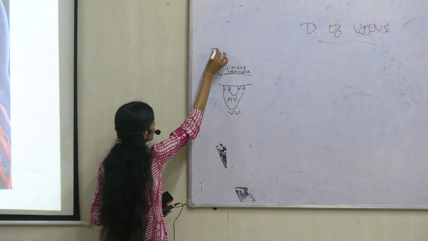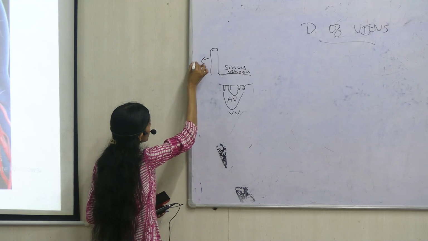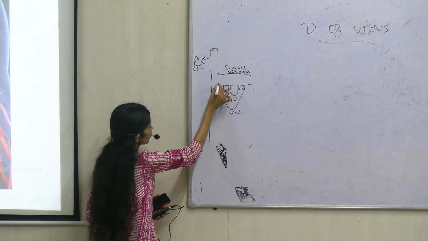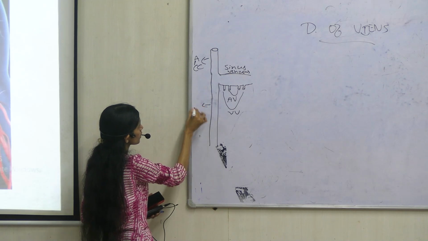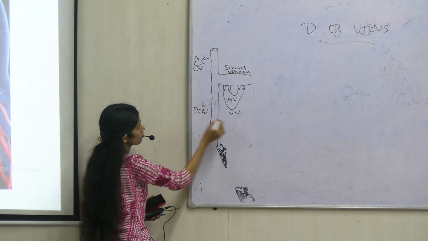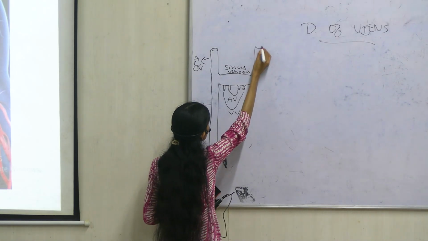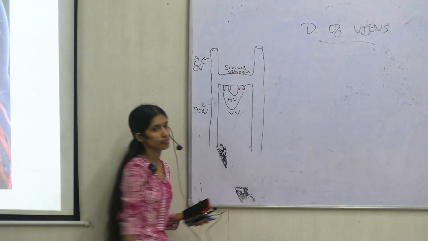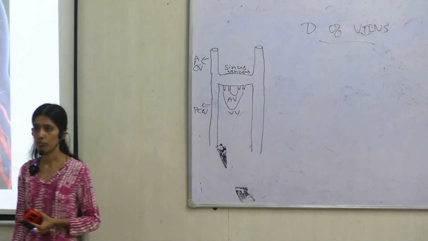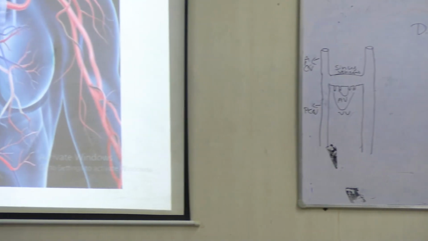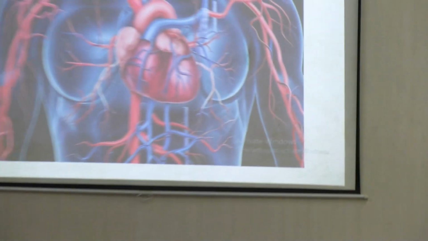So this is going to be your anterior cardinal vein and this is the posterior cardinal vein on both the sides. Okay, we have sinus venosus, which is the venous end of the developing heart tube.